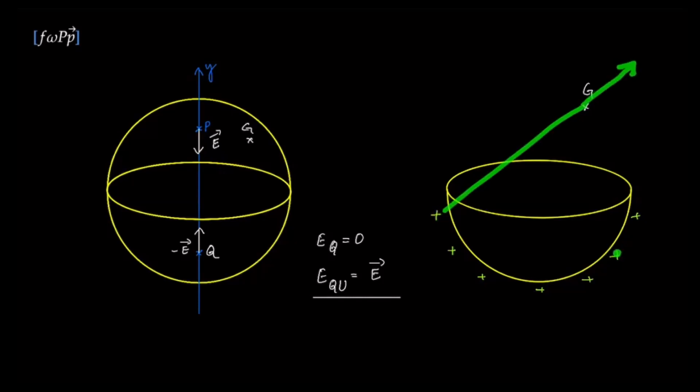Similarly, take some other point out here, that's going to set up an electric field in that direction. So all the electric fields at G coming from this lower hemisphere must give a component in the Y direction. Remember, we are interested only in the Y component of the electric field. The Y component of the electric field at G due to the lower hemisphere must be some number along the positive direction of Y axis.